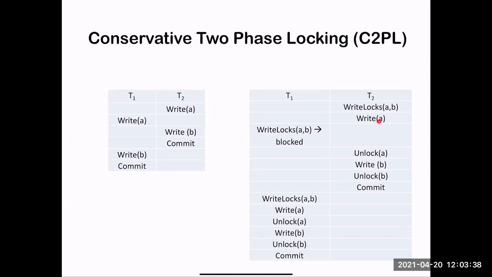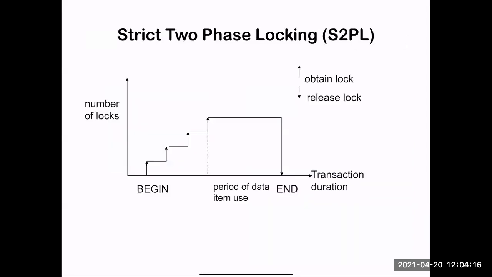Even though here we're doing only a write of item A in transaction T2, we need to acquire locks for A and B because later on we're also going to need a lock on B. Similarly in transaction T1, we need to acquire locks on A and B because we're also writing A and B later on. Even though acquiring locks has to be done initially, you can unlock items gradually. So we can unlock A here because we're done with it, and later on we can unlock B, and so on. The nice thing about conservative two-phase locking is that it avoids deadlock, but it limits the amount of concurrency that you can get.